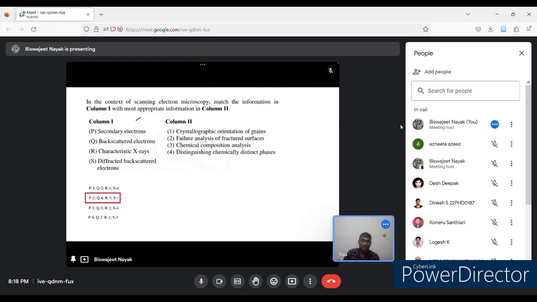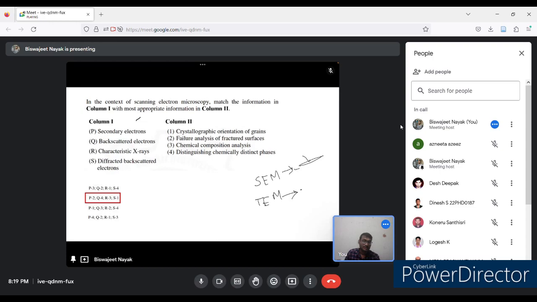So in scanning electron microscopy and transmission electron microscopy, here the images are taken after passing through the sample, but here the images are taken when the beam is reflected.